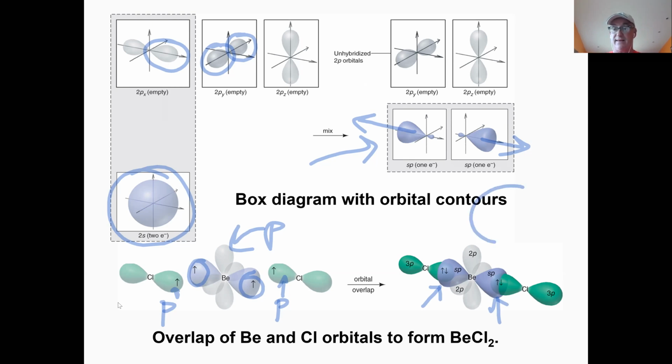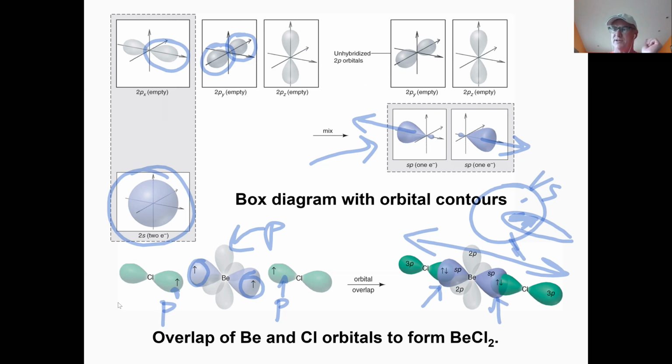An s would look like this, and then when the p would come in like that, it wouldn't overlap as much. There'd be a lot of empty space in the s orbital. The sp orbital shrinks that down a little bit, so we have more overlap and a stronger bond. So we get a lot of good things coming out of this. We get more overlap and we get the linear shape that we need.